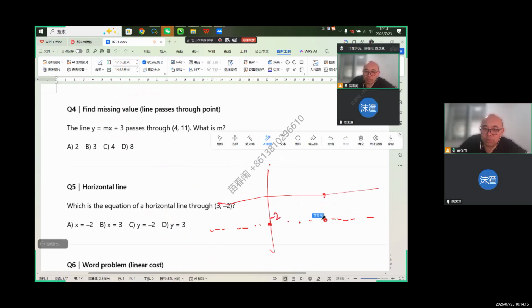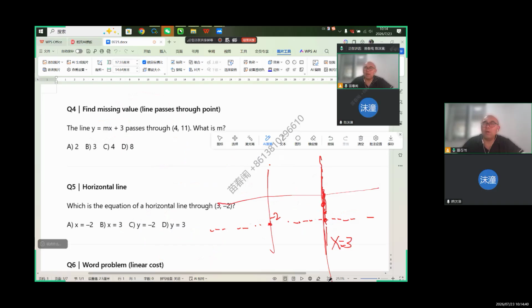Y equals -2, right? If you want to say 3, what is it? 3 is the vertical line, x equals 3. All the points on this line have x equals 3, right? But they're not talking about the vertical line. They're talking about the horizontal line, right? Does that make sense?